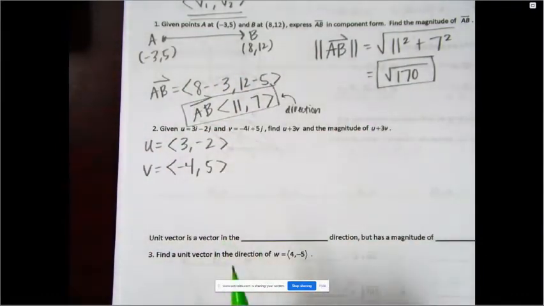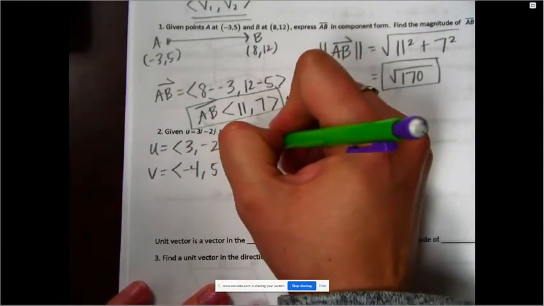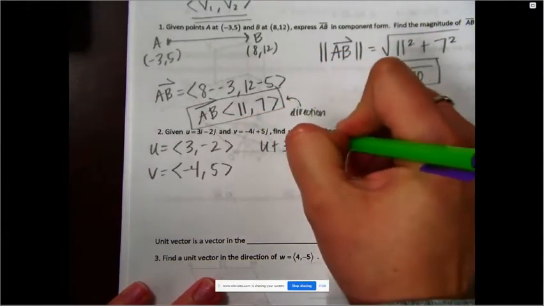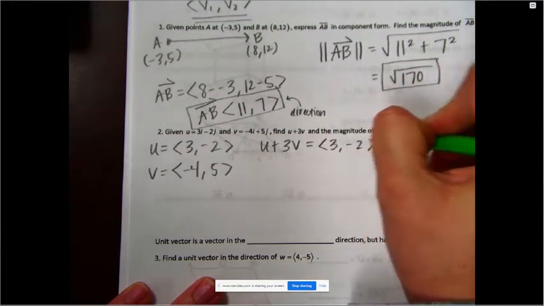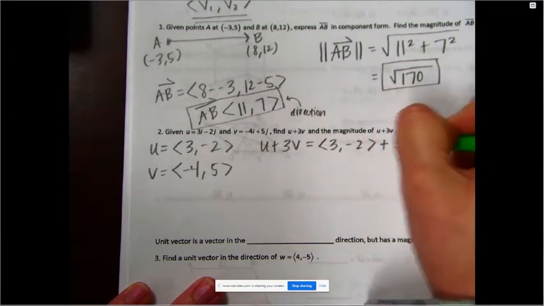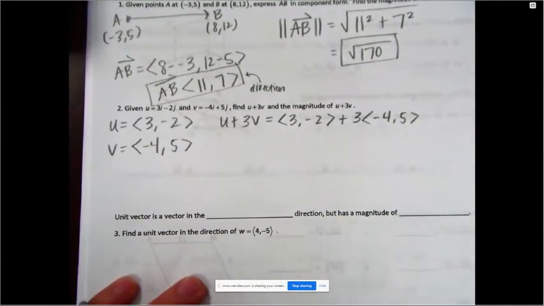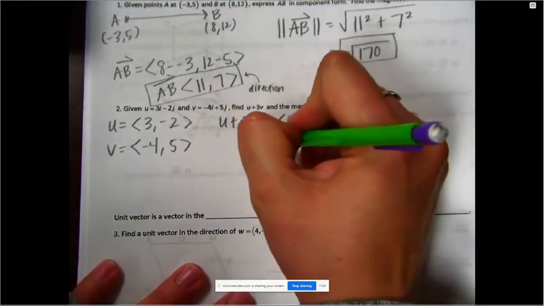Okay, so if I'm going to find u plus 3v, I'm going to take u, 3, negative 2, and add 3 times v. So negative 4, 5. So I just plugged in the values for u and v. First thing I'm going to do is distribute that 3.